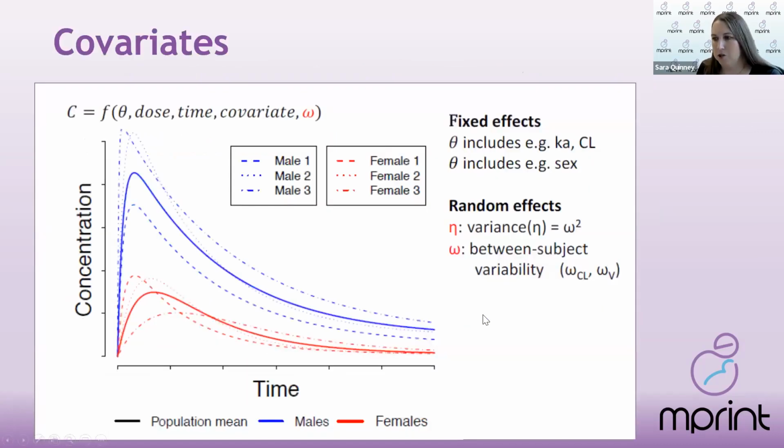And finally, as I mentioned, you can talk about covariate effects. Covariates can be added on your thetas as well as on your random effects terms. And so you can see that even within the individual groups of male versus female, there's also variability within those that can be captured.